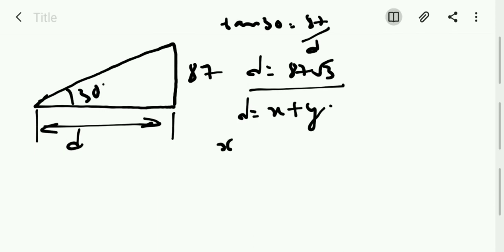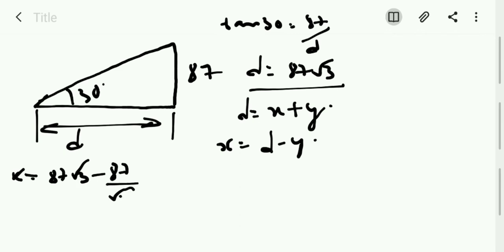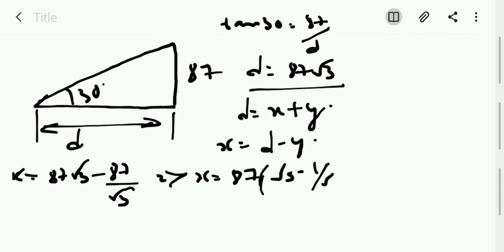Now since we need the value of x, d minus y, so x is equal to 87 root 3 minus 87 by root 3. That is the value of y, correct? Now taking 87 common, you will end up with root 3 minus 1 by root 3, correct?